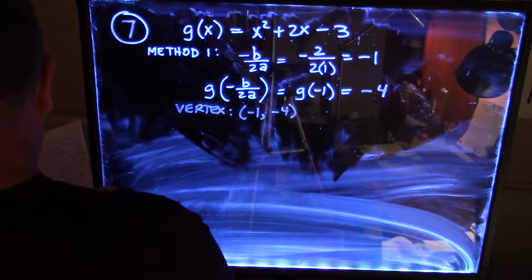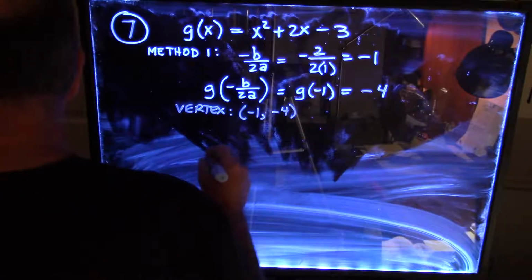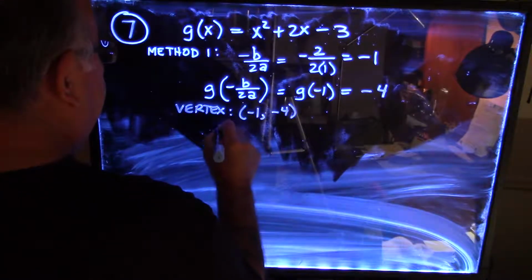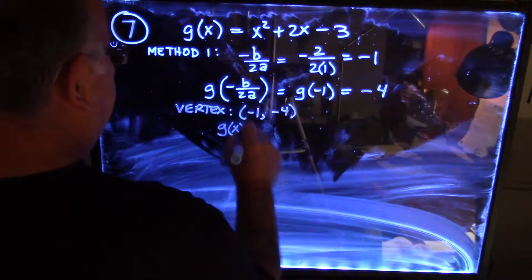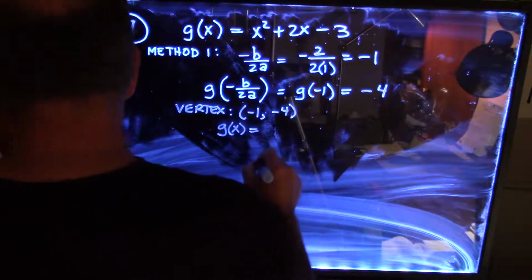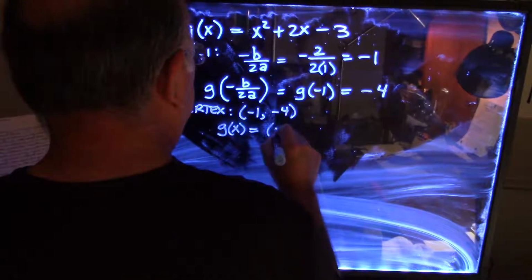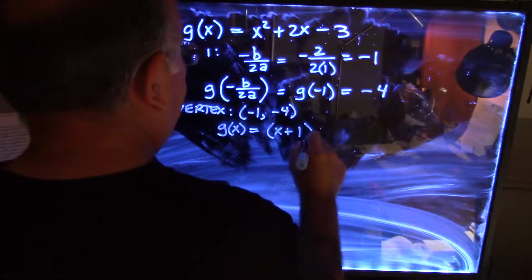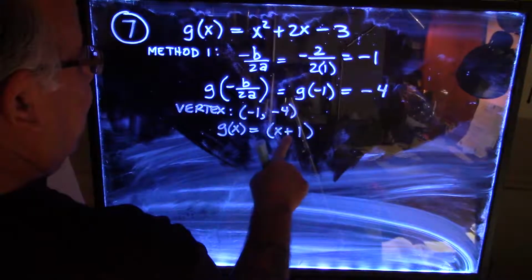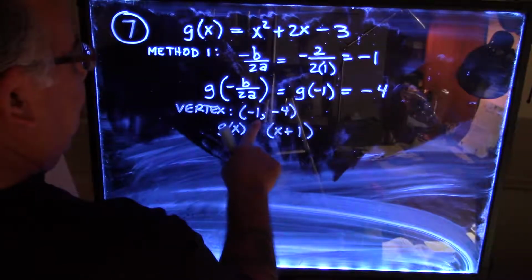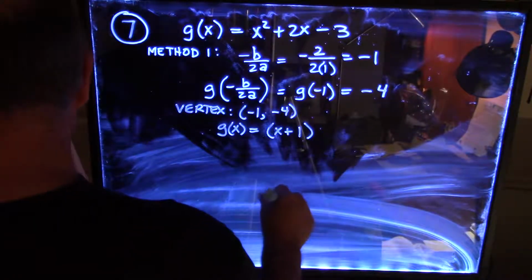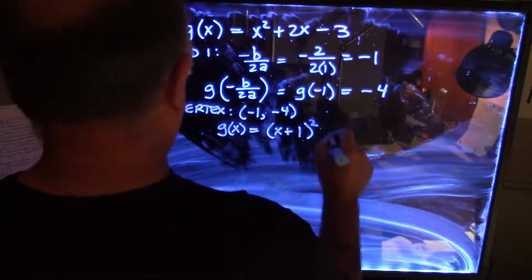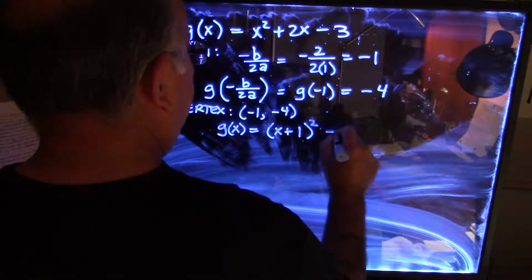So knowing the vertex, we can write g of x is equal to x plus 1. Where'd the plus 1 come from? It's always x minus, and then you write the negative 1, which becomes x plus 1 squared minus 4.